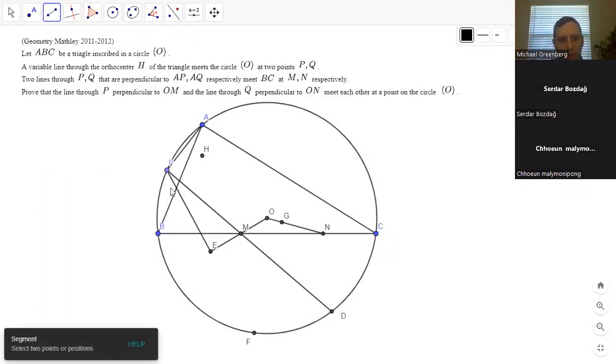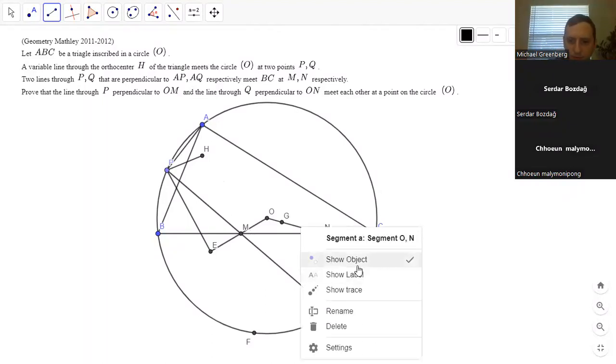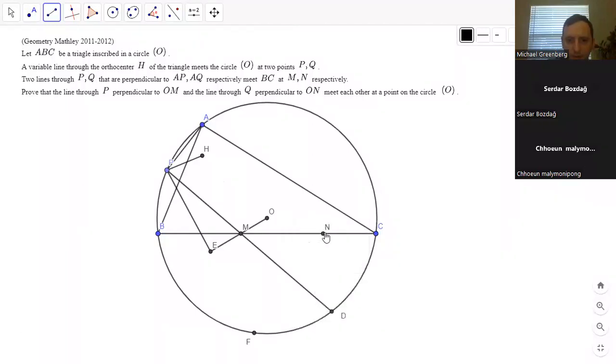So you're just saying let F be the anti-Steiner point of this line. And then we want to show that M is where, we just need to show that PE passes also through F. You can also hide G and N. Very interesting.